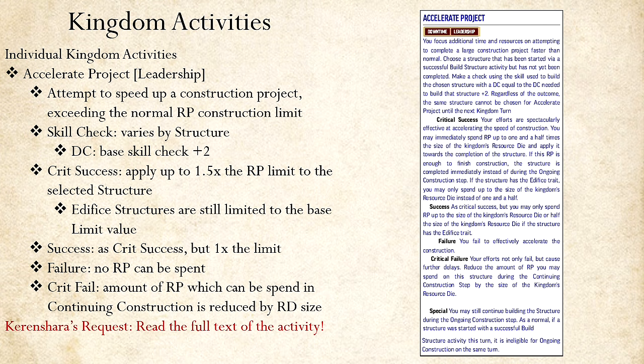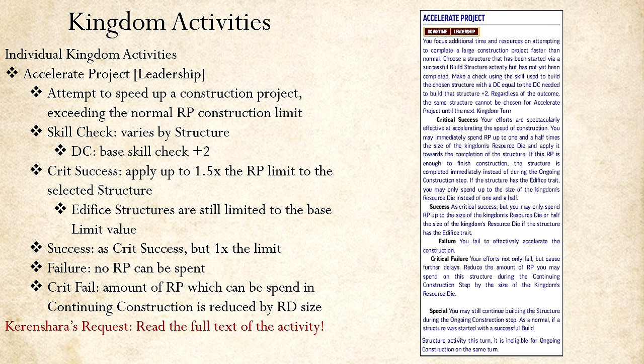Accelerate Project. Traits: downtime and leadership. You focus additional time and resources on attempting to complete a large construction project faster than normal. Choose a structure that has been started via a successful build structure activity, but has not yet been completed. Make a check using the skill used to build the chosen structure with a DC equal to the DC needed to build that structure plus 2.